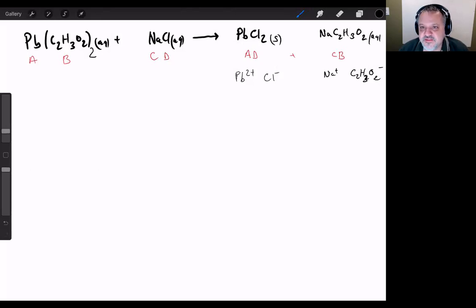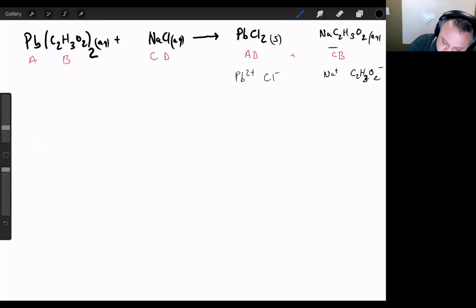Again, you would see the fact that lead chloride forms a solid because you would notice a precipitate being formed. All right, so there's a couple of things I just want to mention before I get to balancing. I noticed there are two acetates here. This was in the formula.